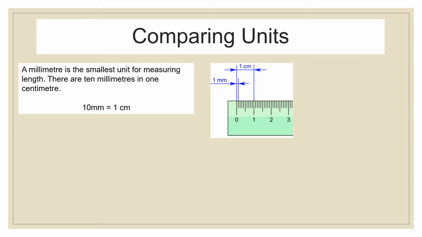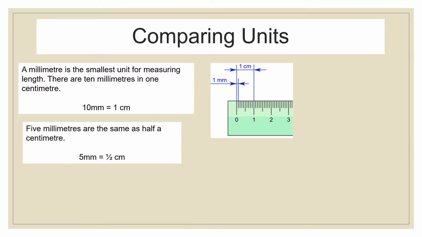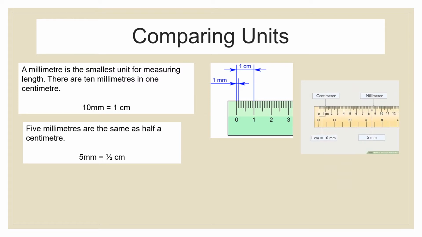The millimetres are a very small unit of measure, and you need 10 millimetres to fit in just 1 centimetre. 5 millimetres are the same as half a centimetre. So on the mark between 0 and 1, the midpoint there is the equivalent to 5 millimetres or half a centimetre.